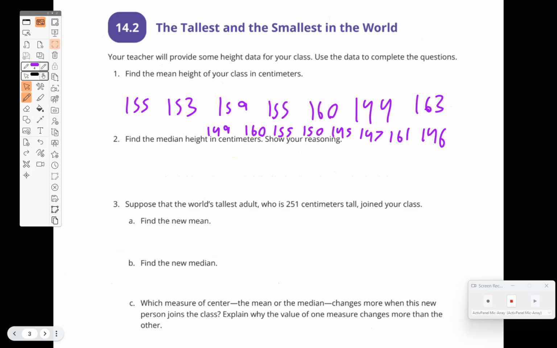Wait, there are 2 160s. Wait, there's a 151. Yep, that's me.